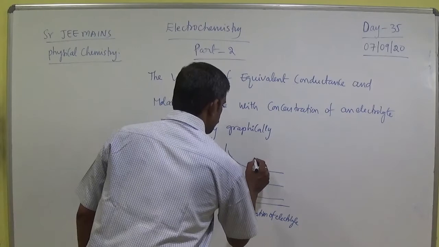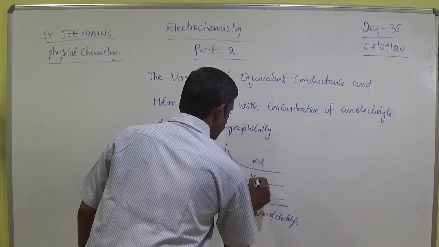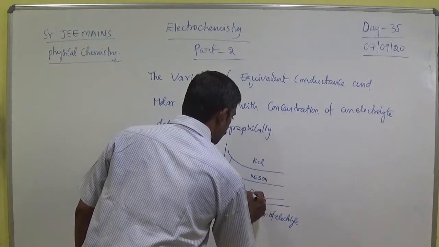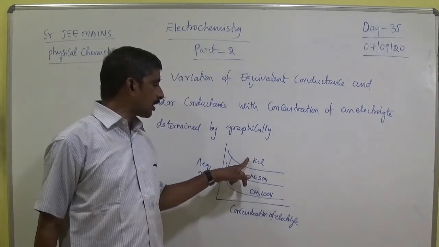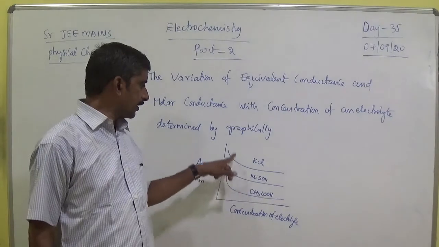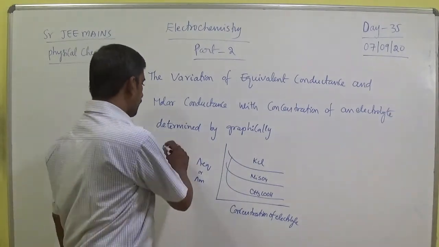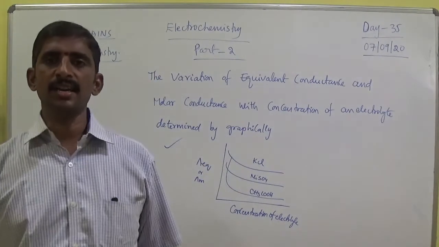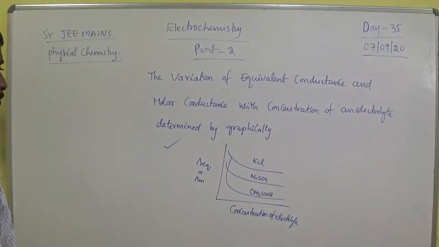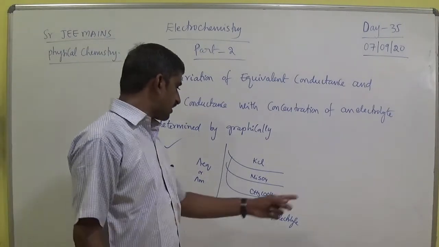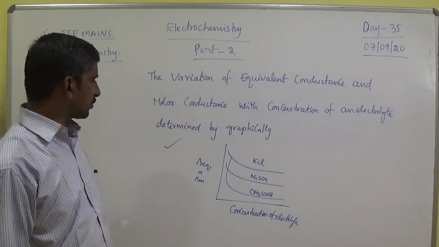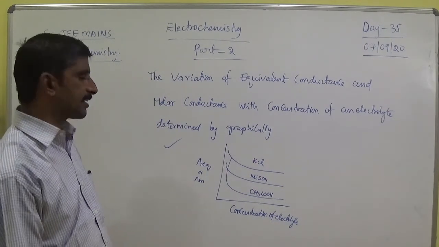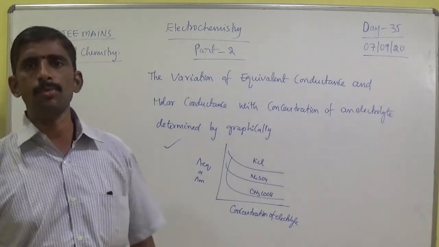Here KCl, NiSO4, acetic acid. The upper ones are strong electrolytes, the lower is weak. These are very important. On the x-axis, concentration of the electrolyte, and on the y-axis, equivalent conductance or molar conductance.